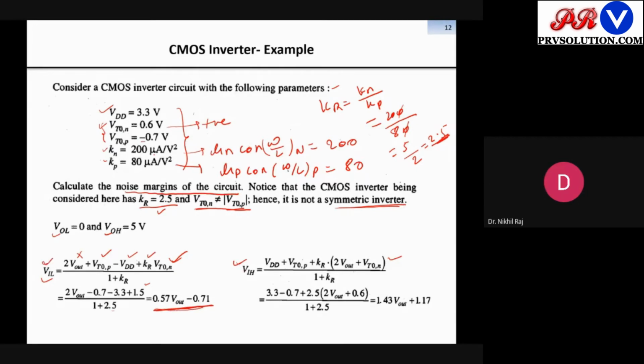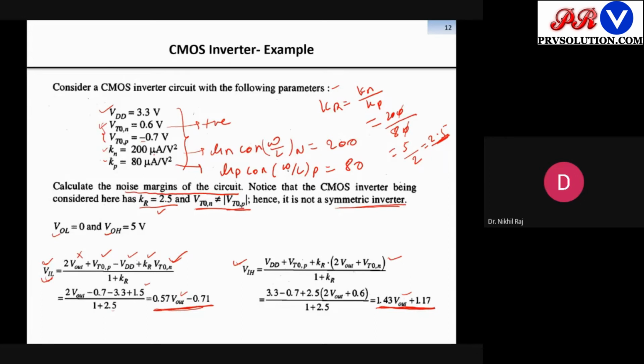Similarly, for the calculation of VIH, you substitute all the values and you will get an equation again in terms of Vout. So to calculate the exact value of noise margin we cannot do it yet, because VIL is still having one variable and VIH is also still having one variable.